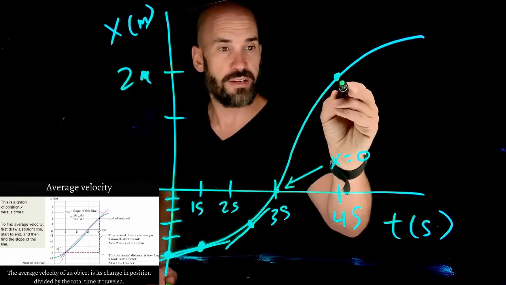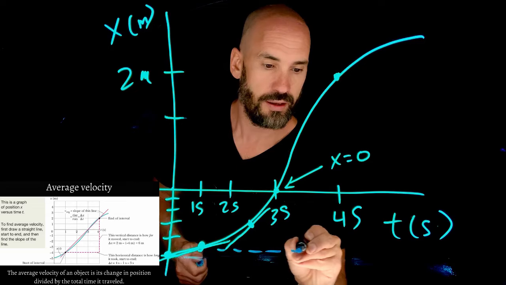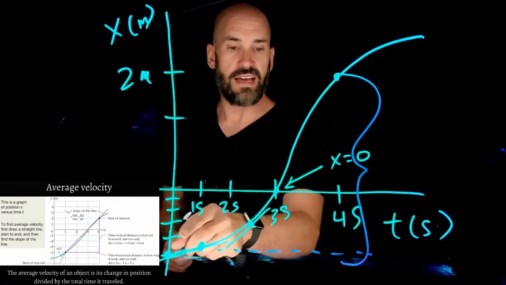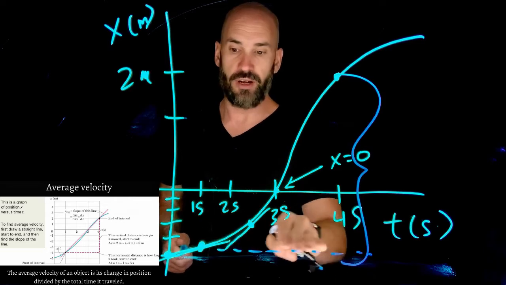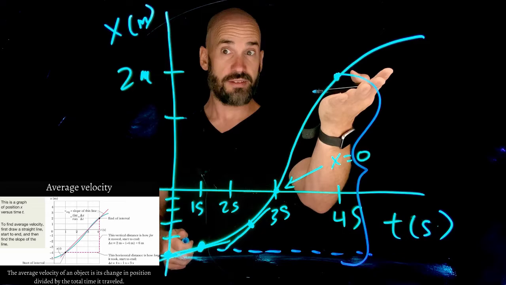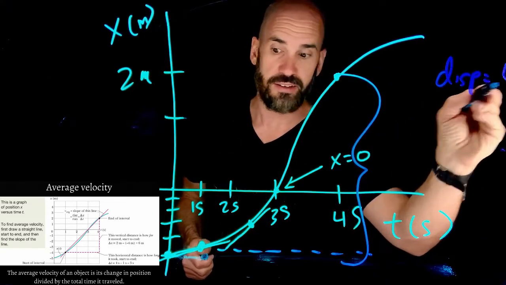So there's a genuine change in position. This guy's displacement has gone from -4 all the way up to 2, which is a displacement of 6.